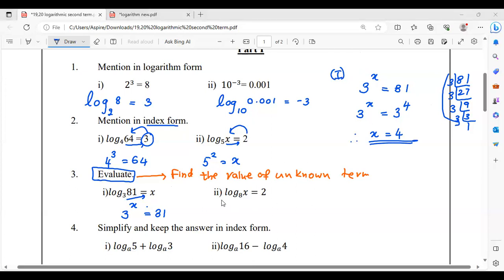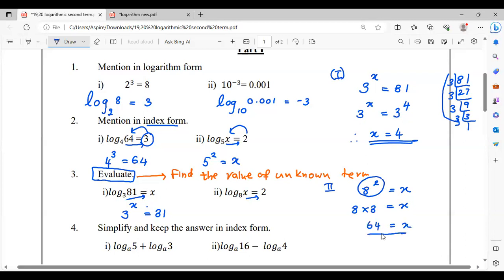Okay, so then here, how do you do this? The second one is also how to express in index form. It is 8 to the power of 2 equals x. It is easy, because to find x, you have to expand this power term. It is 8 into 8. The answer is 64.